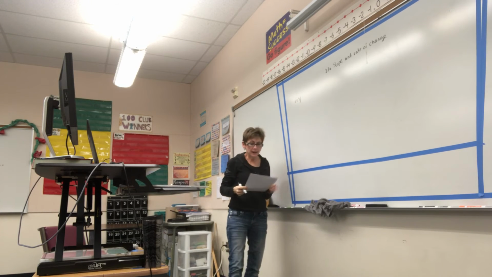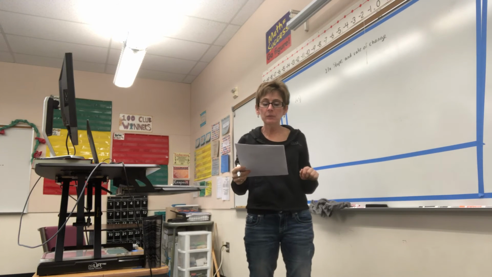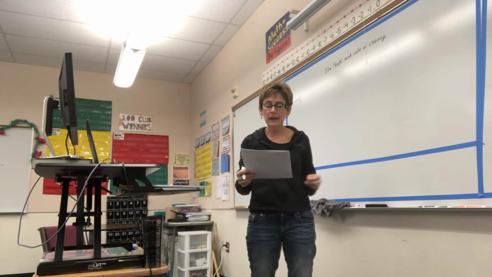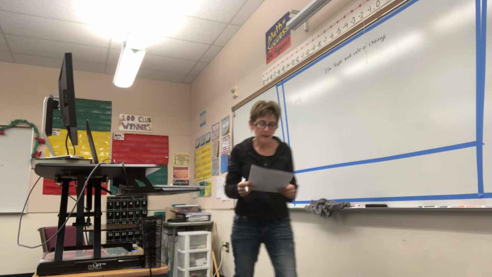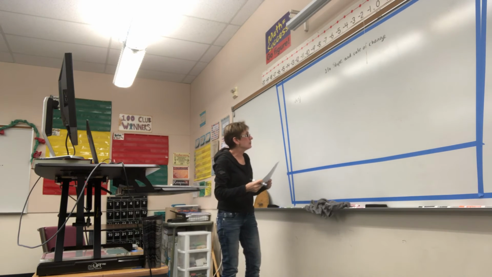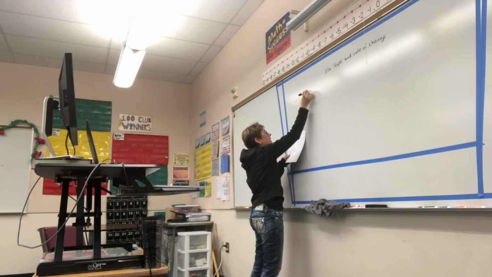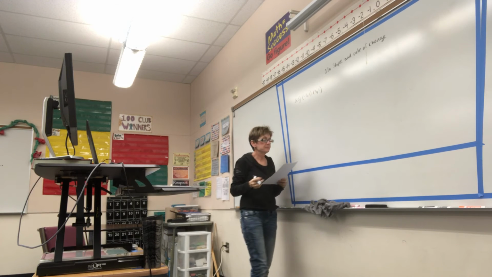The directions they have on the paper, and you do not have to write these down, are find the slope of the line that passes through the given points, then tell whether the line rises, falls, is horizontal or vertical. So I'm just going to do 2 examples. Example 5 would be the line going through the point -5, 1 and the point 3, 1.